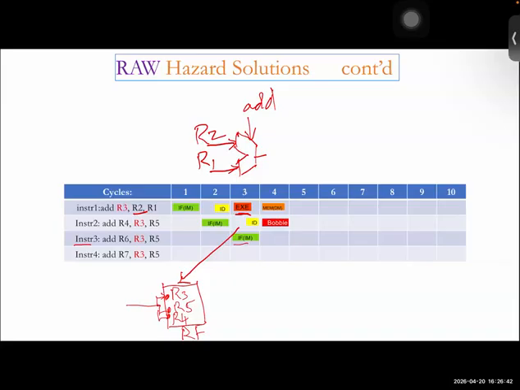So instruction 3 also stalls. At the fourth cycle, instruction 4 is supposed to enter into the pipe, but the instruction fetching stage is still occupied by instruction 3. So obviously instruction 4 is also bubbled.